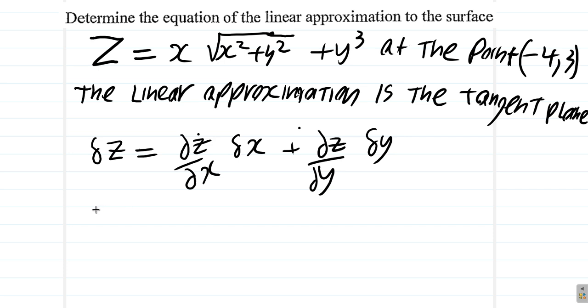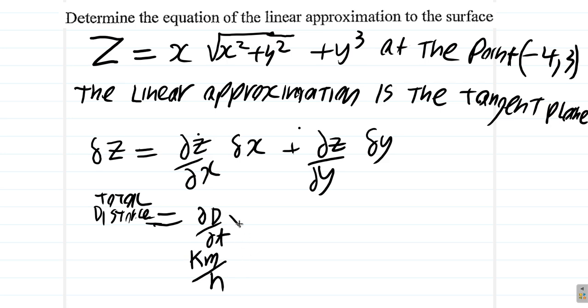It's similar to saying that the total distance traveled is equal to the rate at which you change distance with time. So the rate of distance with time is distance in kilometers over hour, and then you multiply that by the change in hours.